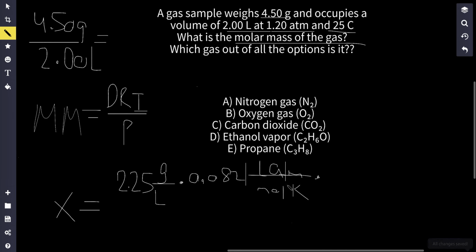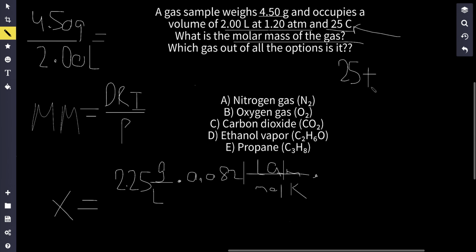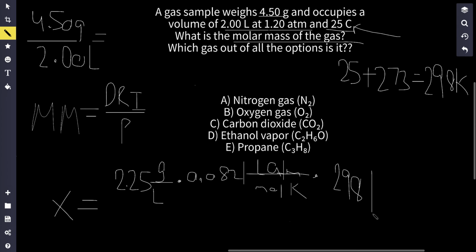However, notice how our temperature needs to be in Kelvin. In order to cancel out the Kelvin from our ideal gas constant, we need our temperature to be in Kelvin, but it's in degrees Celsius. To convert from Celsius to Kelvin, we just add 273. So this is going to be 298 degrees Kelvin, divided by pressure, which is 1.2 atm.